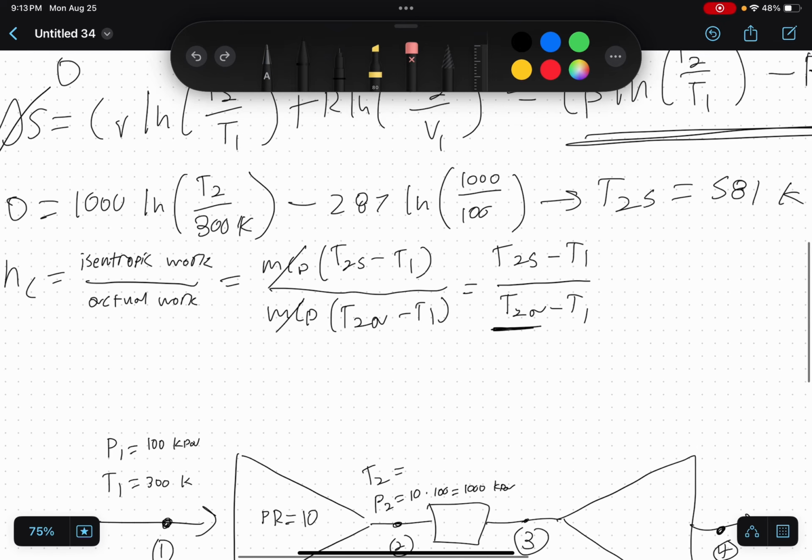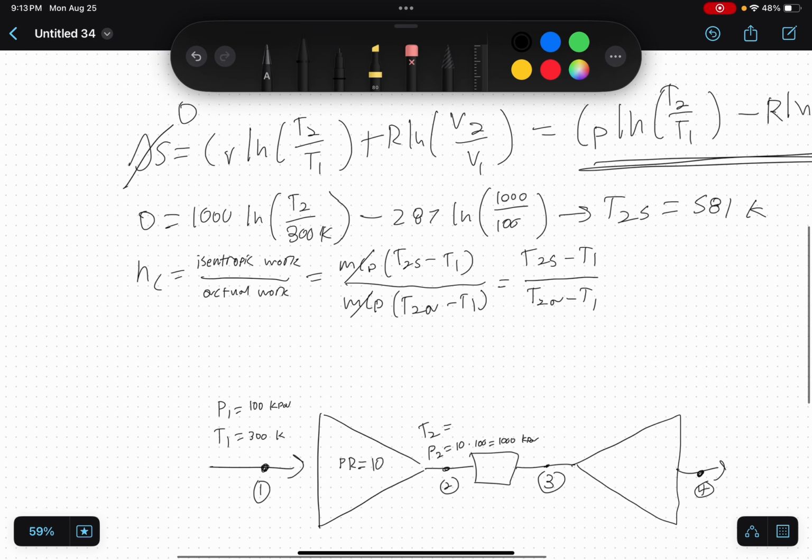And I guess that makes sense also, because if you're saving work, that means less of your energy is going into temperature. So it makes sense that a less efficient compressor puts more energy into temperature, which no one cares about because it's a compressor. It's supposed to compress it, not heat it up.